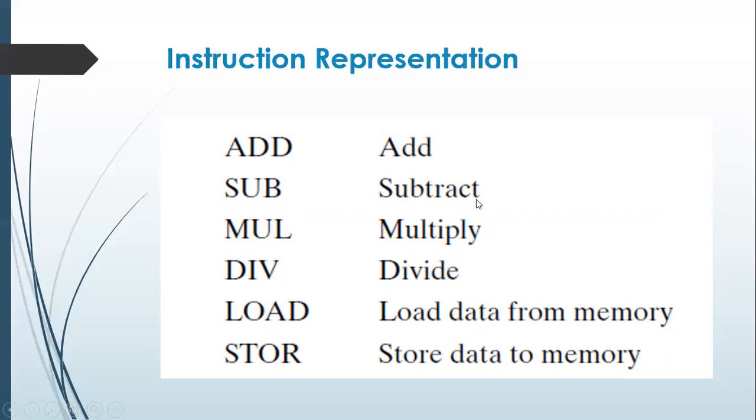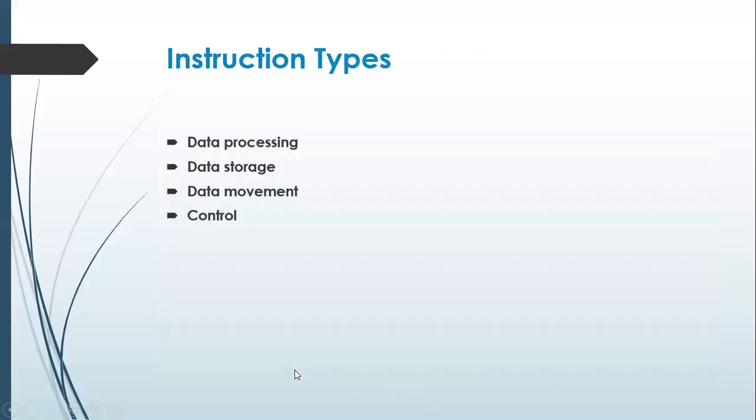If you want to subtract the first number from the second number, then the instruction will be SUB. If you want to multiply two numbers, the instruction will be MUL, and so on. If you want to load the data from memory, then you have to use the load instruction. If you want to store data to memory, then you can use the store instruction.